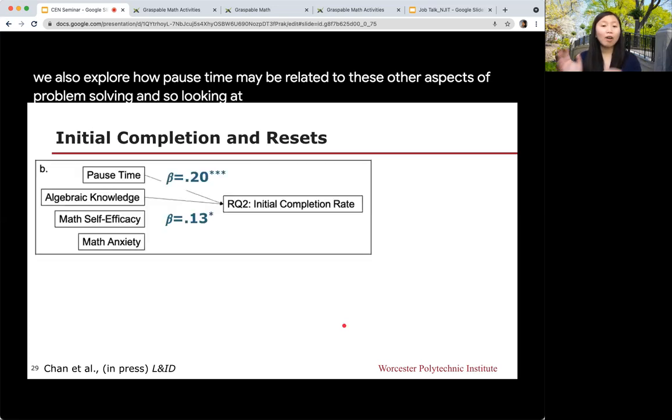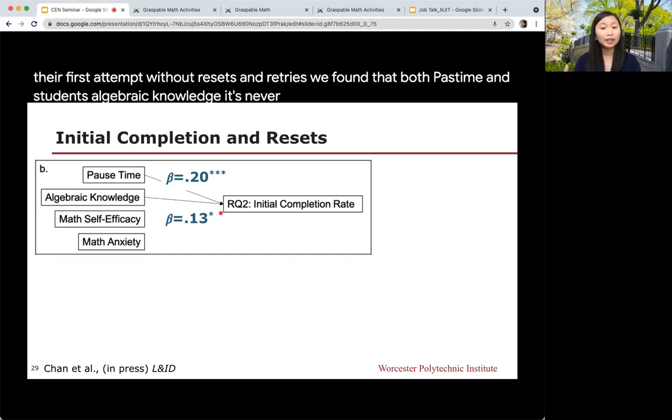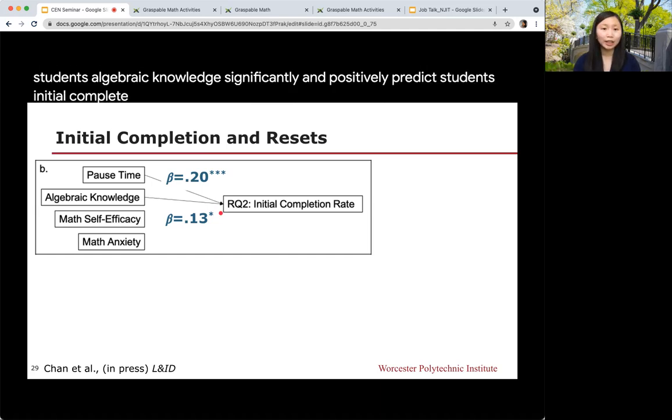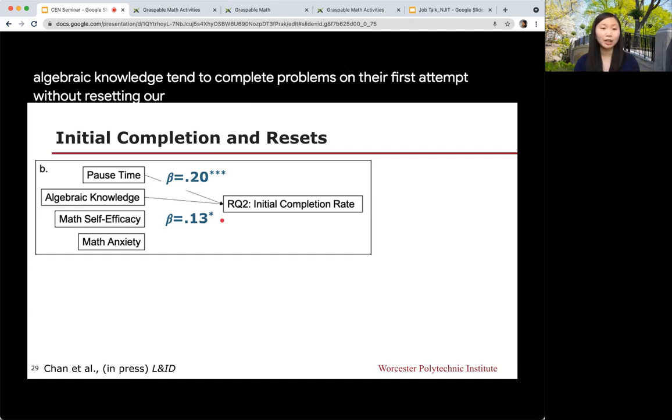Looking at how often students complete problems on their first attempt without resets and retries, we found that both pause time and students' algebraic knowledge significantly and positively predict students' initial completion rate. So students who pause longer or have higher algebraic knowledge tend to complete problems on their first attempt without resetting or retrying the problems again.